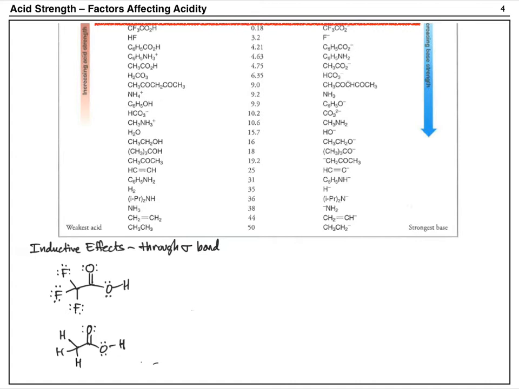So again, let's put our pKa values in. 0.18. This pKa was 4.75. So again, what are we trying to do here? This is OH, this is OH. Why are these numbers so different?